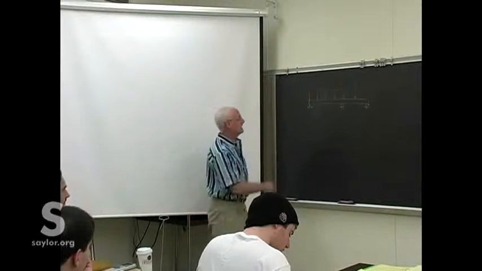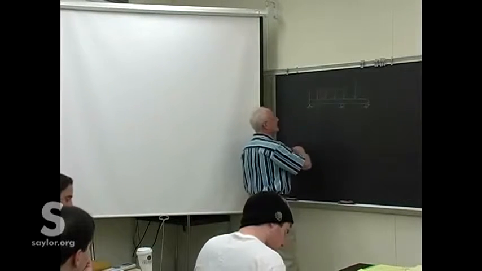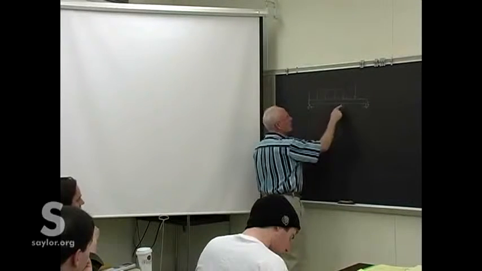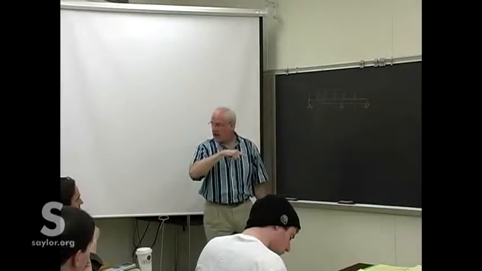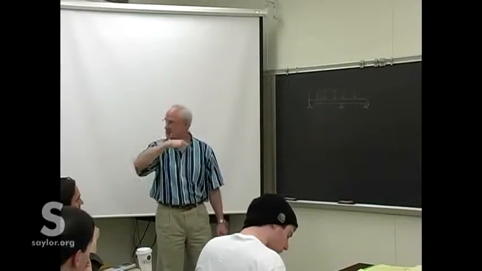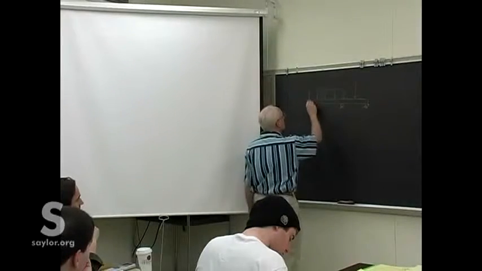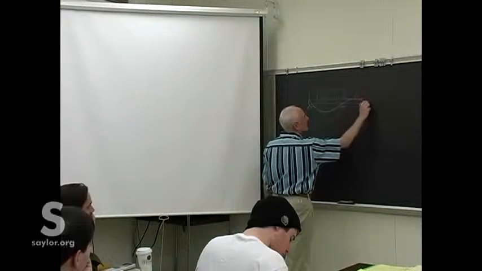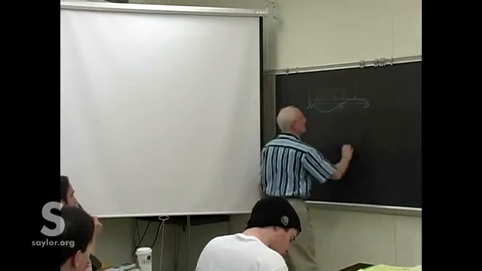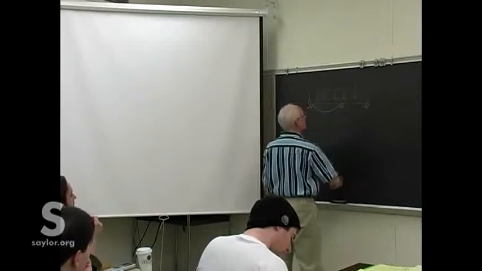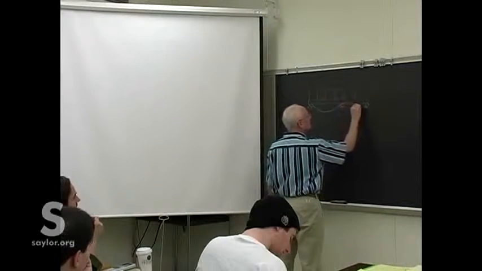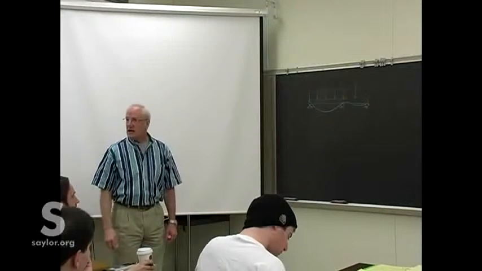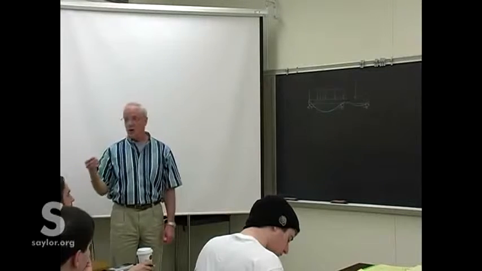A beam loaded like this, and I've just made up some type of picture. We know that it won't go up or down any because of the load at the supports, but it's going to bend in between. Bend something like this here, and then, well, it wouldn't do that, would it? Whatever. You can come up with a basic idea of what it's going to do, and that's always a good idea.